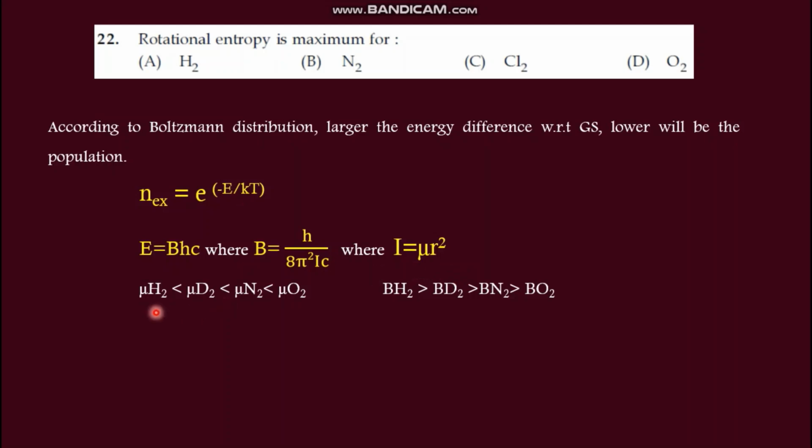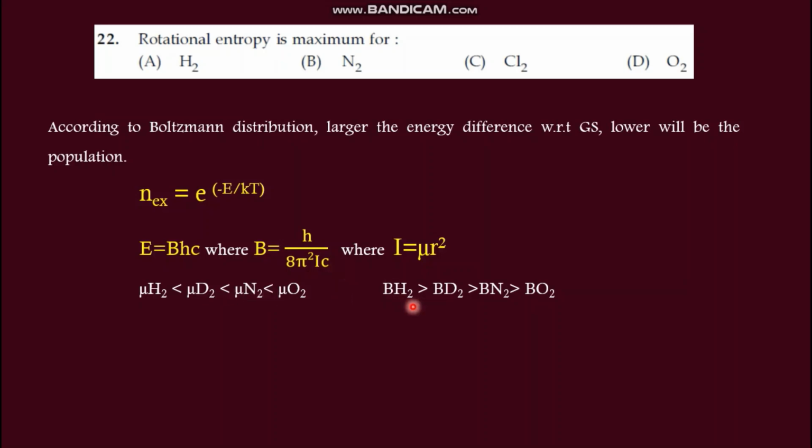Mu means reduced mass, so we can write the order like this: reduced mass of oxygen is more and reduced mass of hydrogen is less. So from here you can see that the rotational constant is inversely proportional to the moment of inertia, or inversely proportional to the reduced mass.